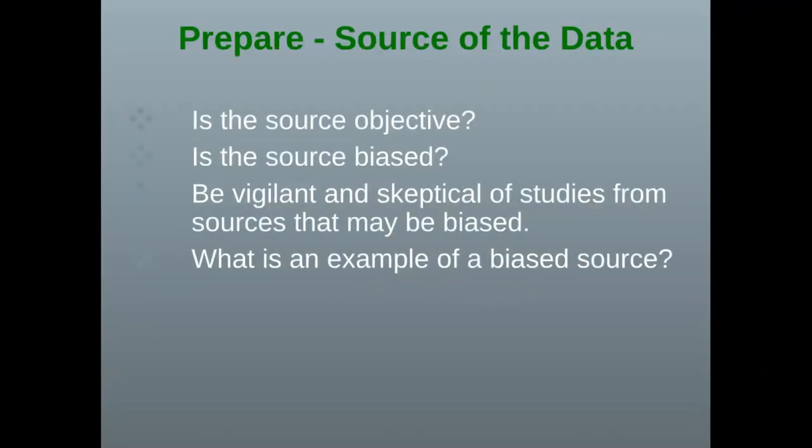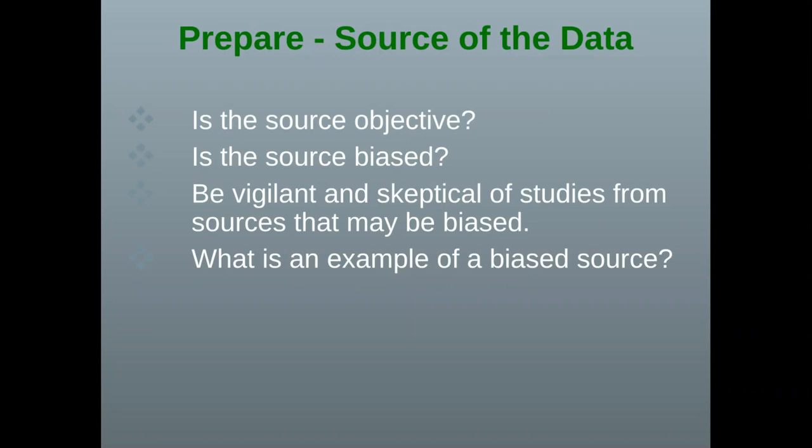When we're looking at this, it can kind of help us with the source of the data. Now, sometimes we may be the source of the data. We may go out and collect the data in the world, in which case our source is ourselves and the actual collection process we create, which we'll talk about later today. But if it's data that we are gathering off of, say, a website or something like that, is the source objective or biased, right?